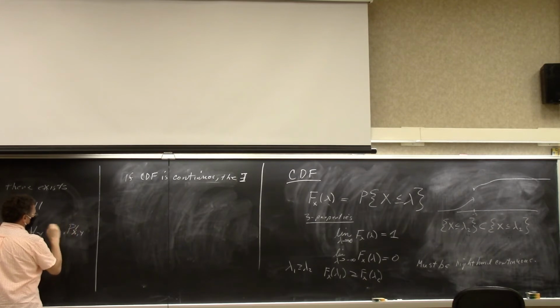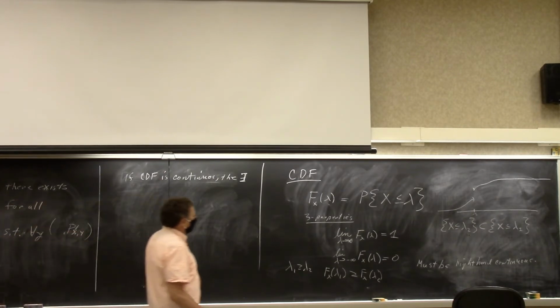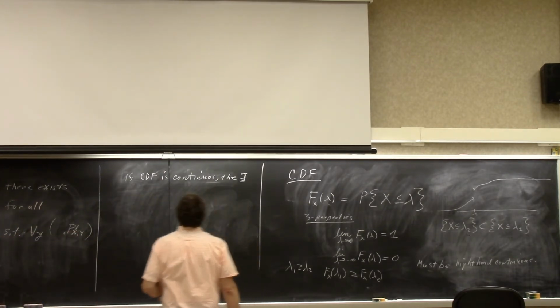P of xy means that some property of xy holds, right? So this is standard logical notation. It means that I can find some x such that for all values of y, some property holds jointly between x and y, okay? So logic is very important in engineering, in my opinion.